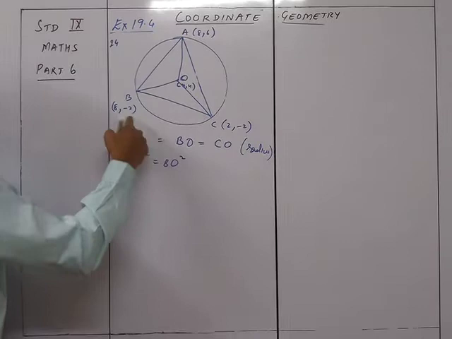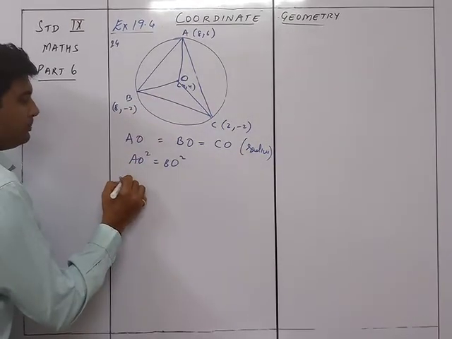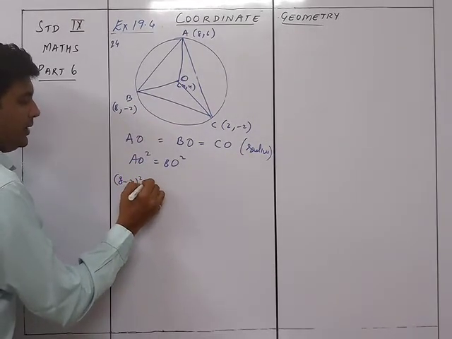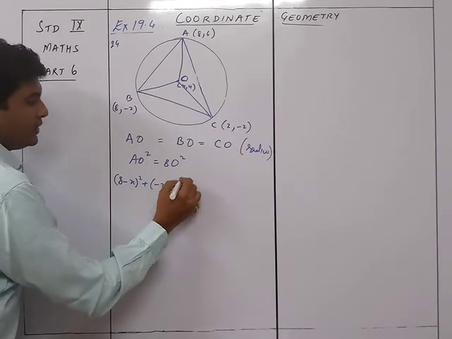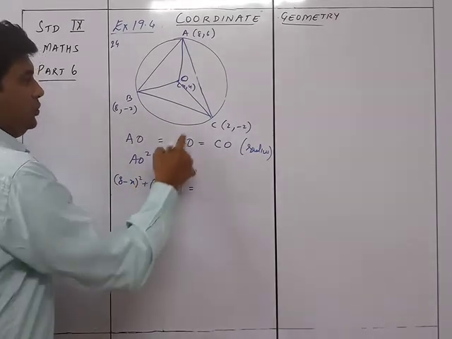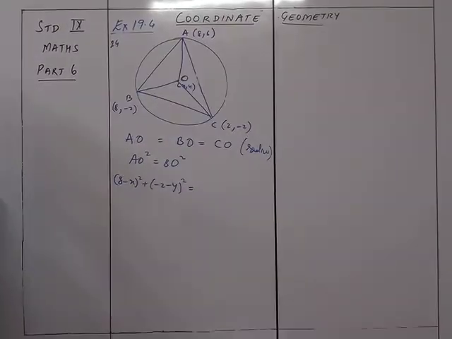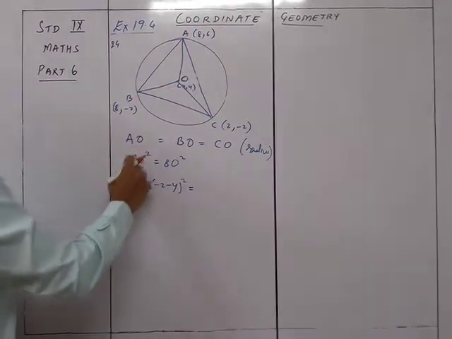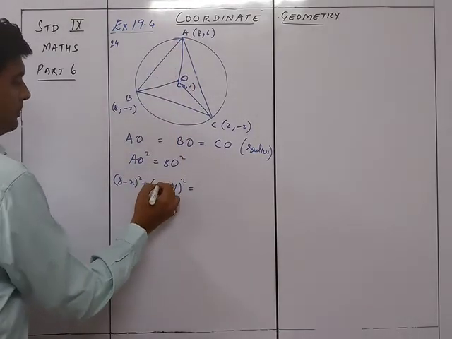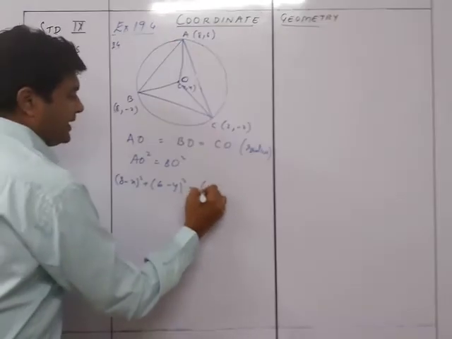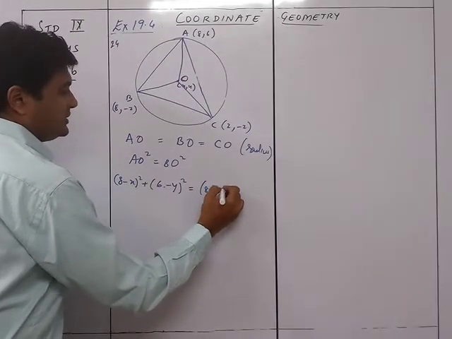So accordingly, what will happen over here? It will be 8 minus x the whole square plus minus 2 minus y the whole square equals 8 minus x the whole square and 6 minus y the whole square.